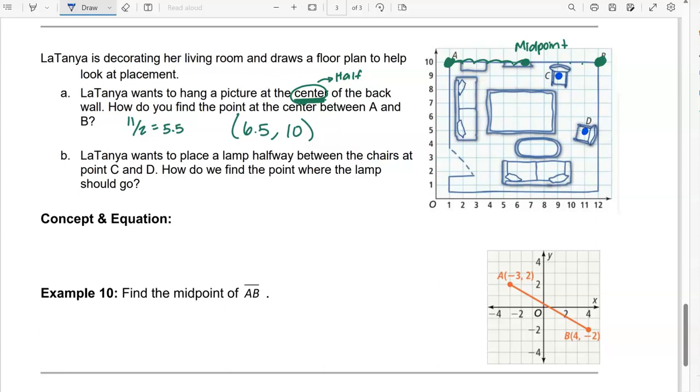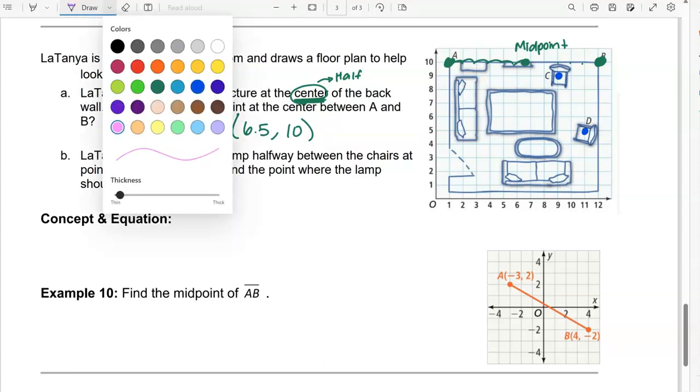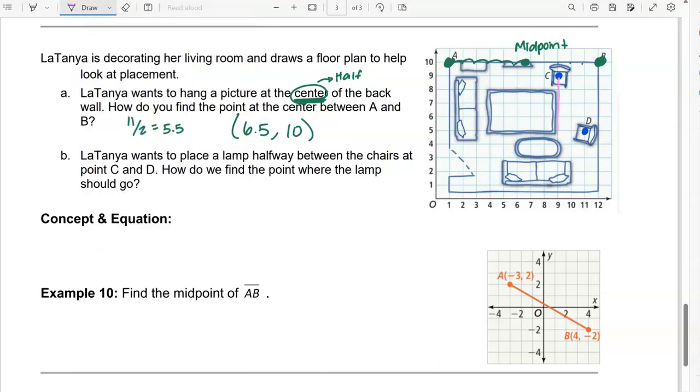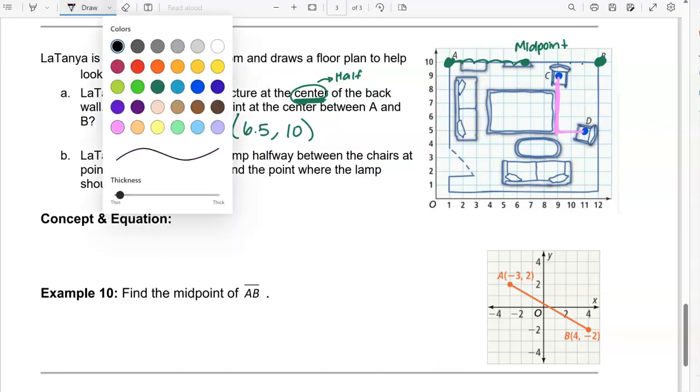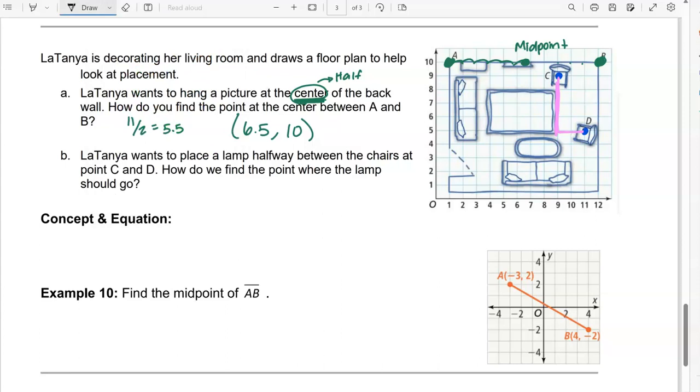vertically and horizontally. So if we go straight down from C to D, we notice that there are 4 blocks going down and 2 blocks going across. So if we do the halfway point of both 4 and 2, that would be this line and this line.